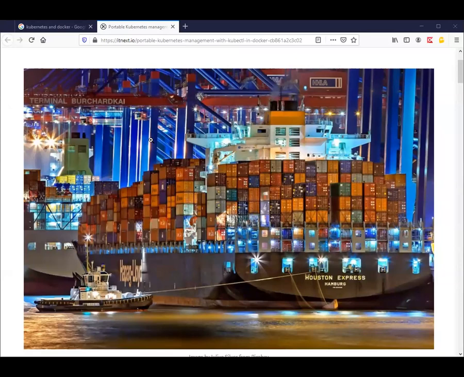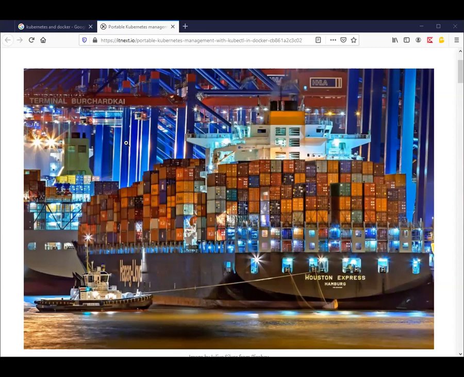Docker is a place where a ship is docked and you upload the containers to the ship, right? And depending on the capacity of the ship, it can contain the containers given here.